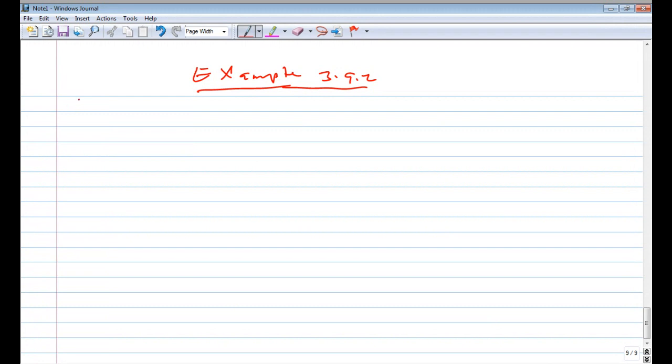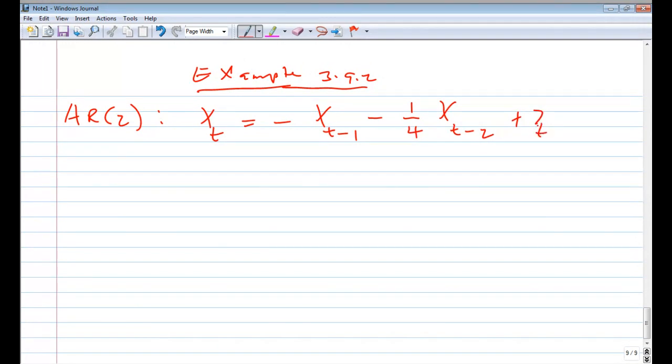Is the autoregressive process of order 2, AR(2), defined by xt equals minus xt minus 1 minus a quarter xt minus 2 plus zt. And remember, zt is a white noise, which means 0 and sigma squared z.